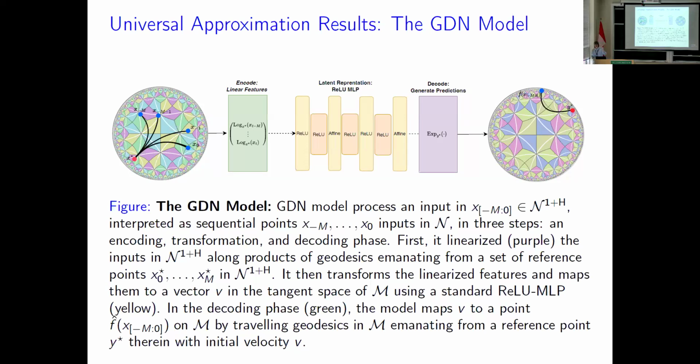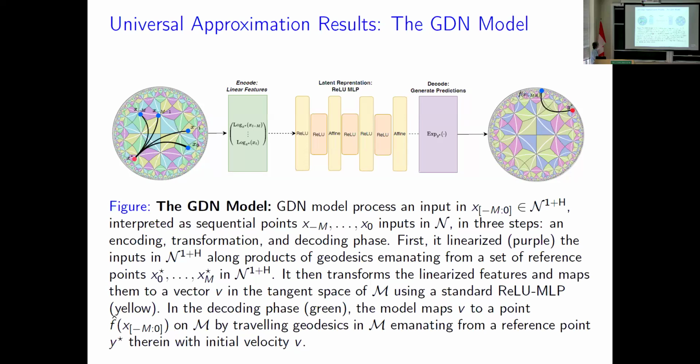Once you have the static result, the approximation in the static case, we have a trick, using a hypernetwork, to extend this static result to a dynamic setting. So you apply this approximation result at every point in time. The idea is very simple, let's say.